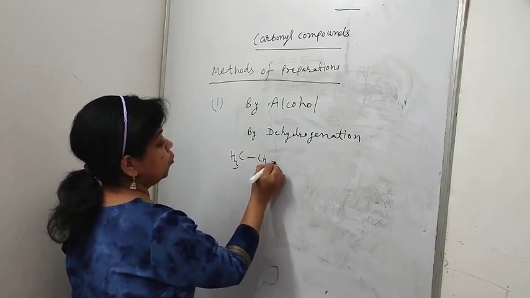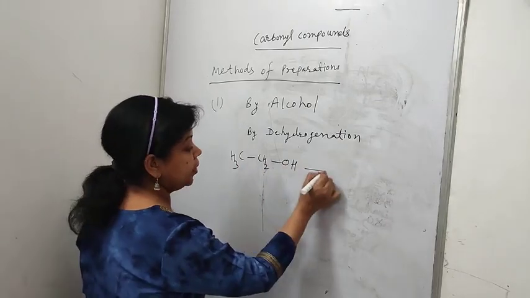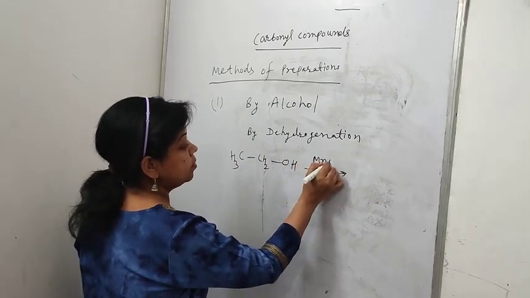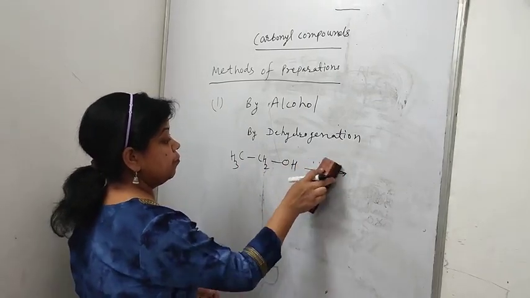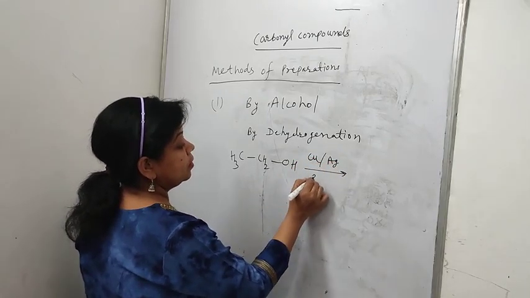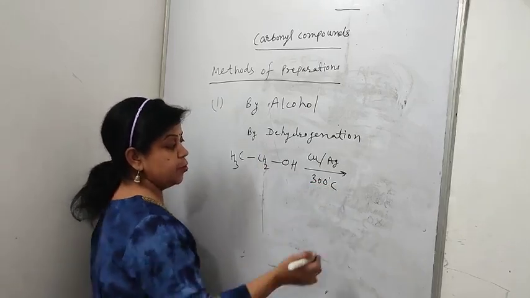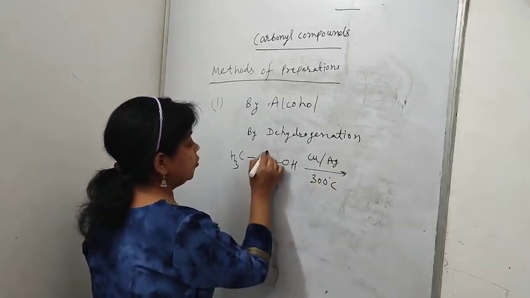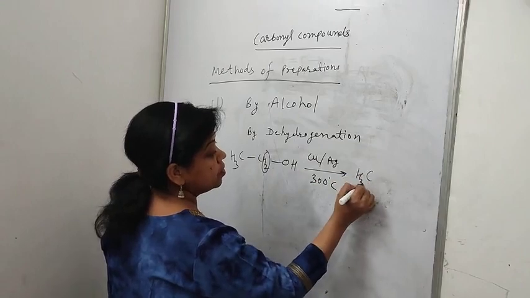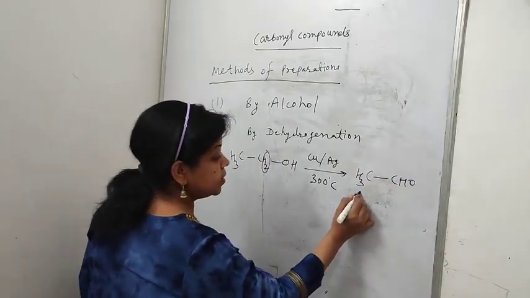CH3CH2OH, that is our primary alcohol, ethanol. We have already discussed this. We can use metal, and by this catalytic dehydrogenation, you will be able to get CH3CHO. This is acetaldehyde.